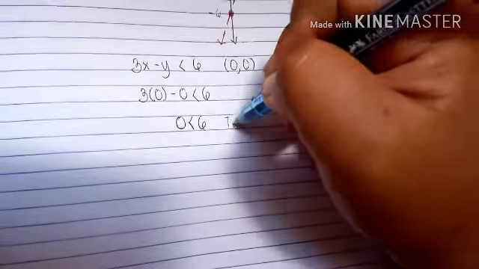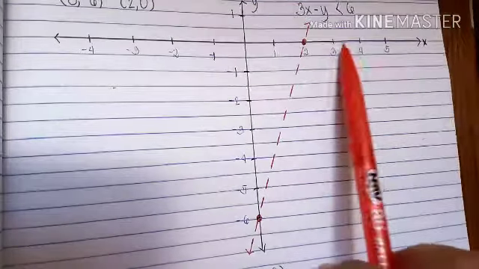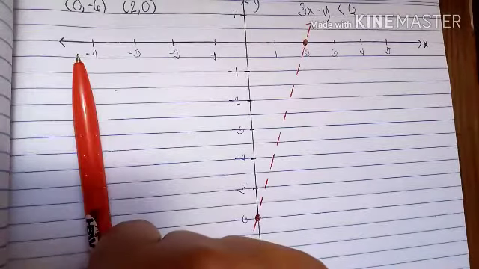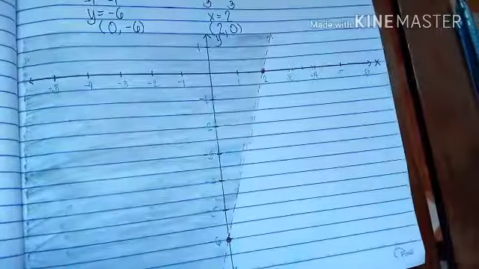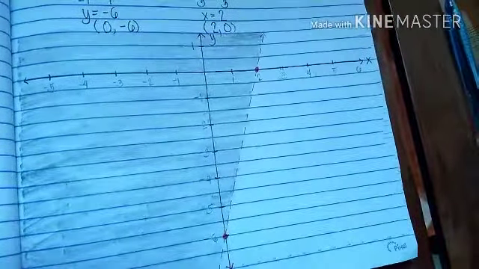True. Therefore, the solution set of this inequality is in this region. So that would be the graph of your inequality 3x - y < 6.